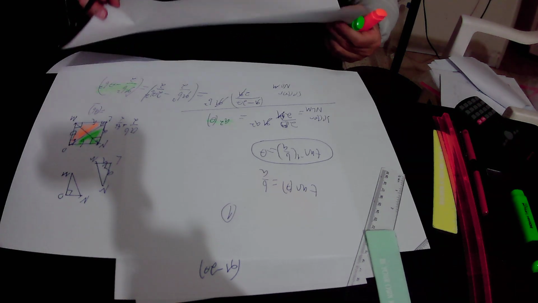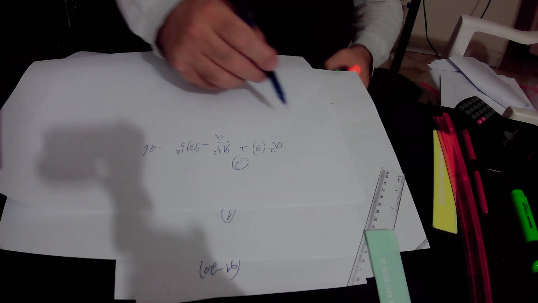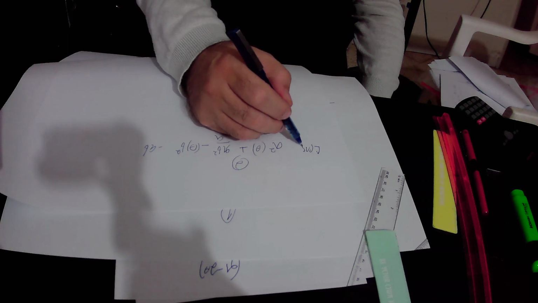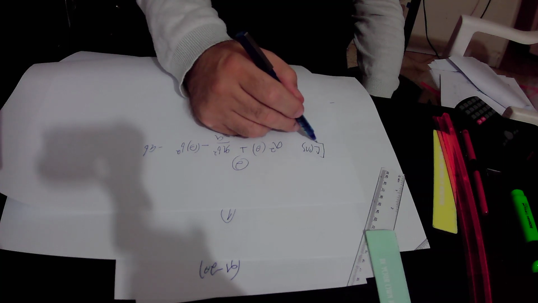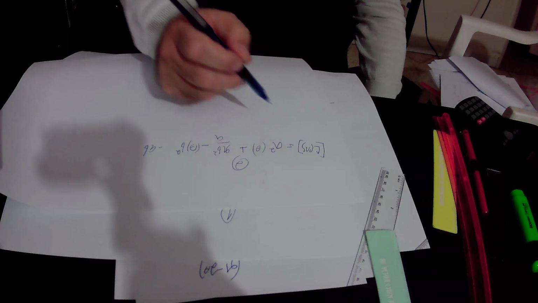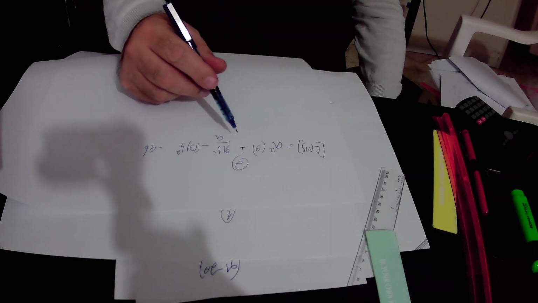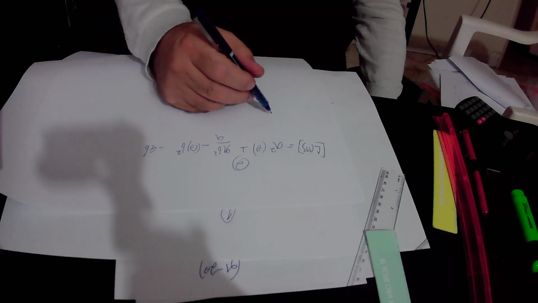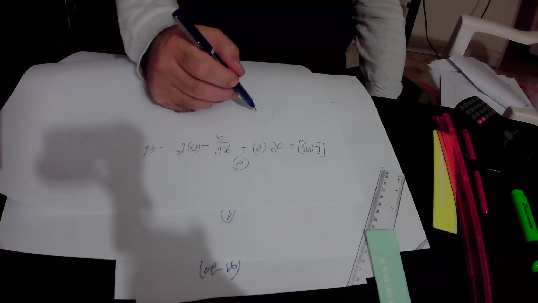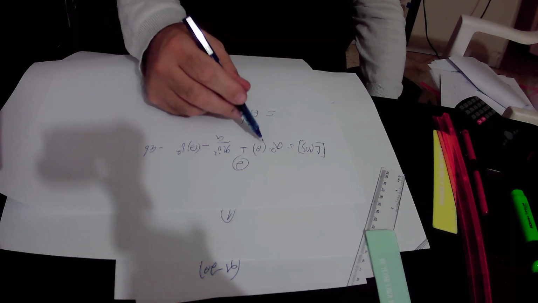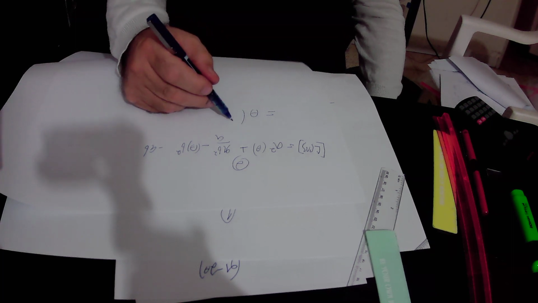Okay, so in conclusion, we found out that the area of a lens is equal to a square. So here we take theta as a common factor, theta. So inside the brackets we have here a square.